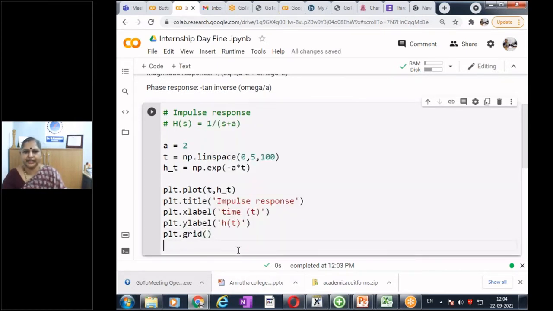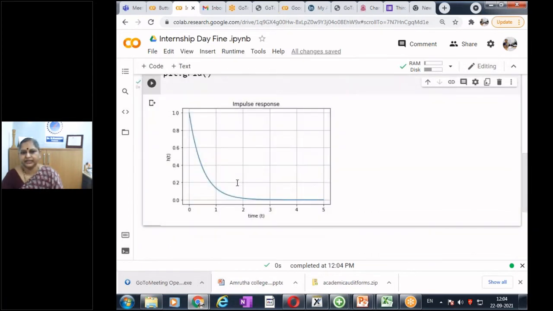So let's run and see whether we are getting the result. I'm defining my A as 2 and then np.linspace, and then I'm running it. Let me run. And let us see this.